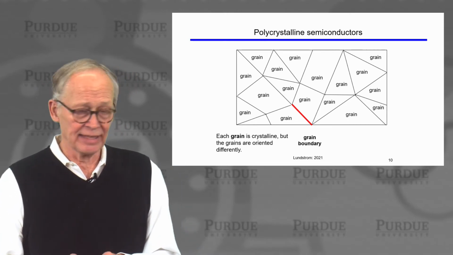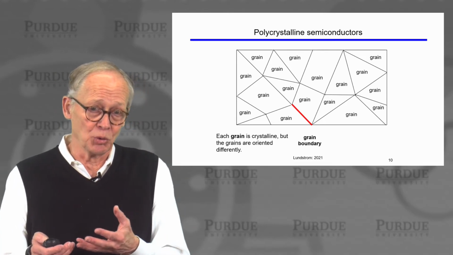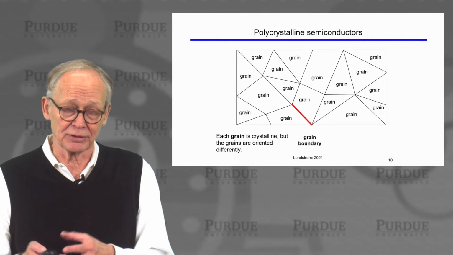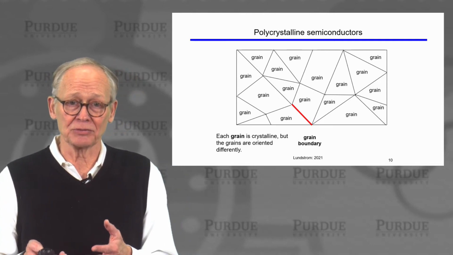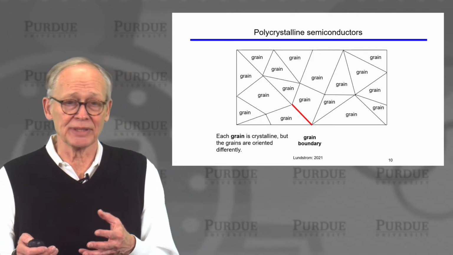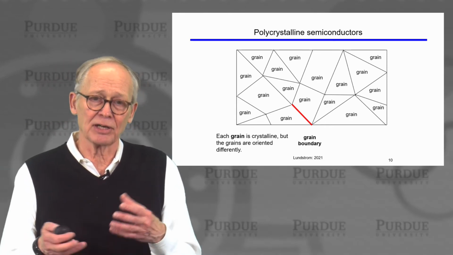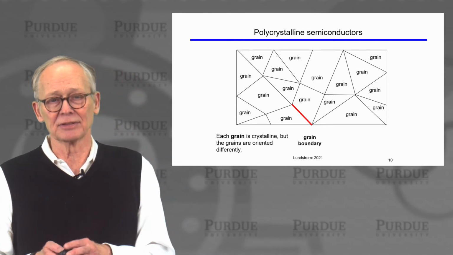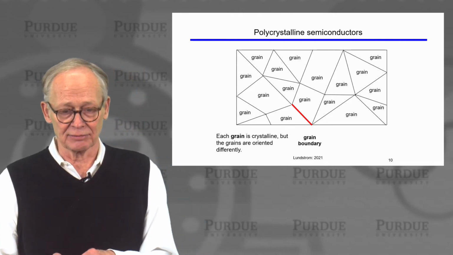So what we find is that in a polycrystalline material, there are more defects than in a crystalline material. Polycrystalline material is also much less expensive to produce, so it's used for applications such as solar cells, where we need large quantities of semiconductors. And as you might expect, the larger the grains, the better the material is. So we try to produce large-grained polycrystalline silicon, for example.